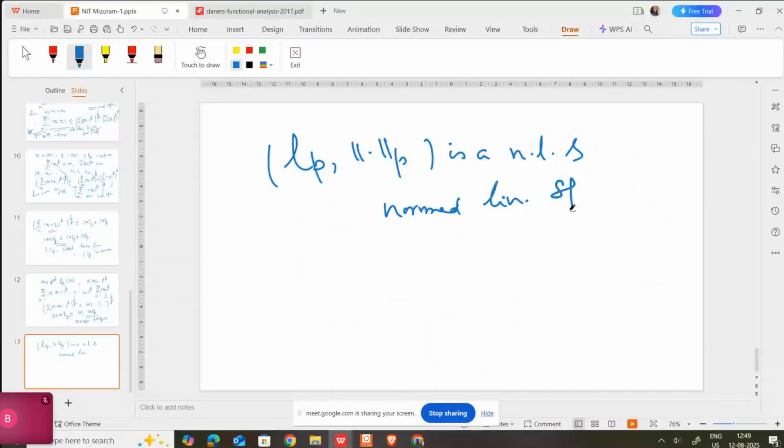Actually, we have shown only that it's a norm. Have we shown it's a vector space? Yes, obviously. Why? Because the sum of two convergent sequences is convergent, etc. I will not do that.